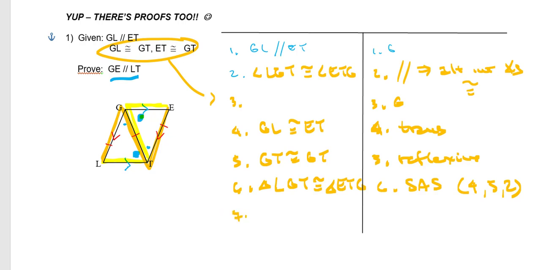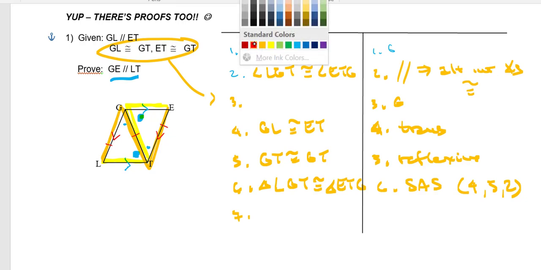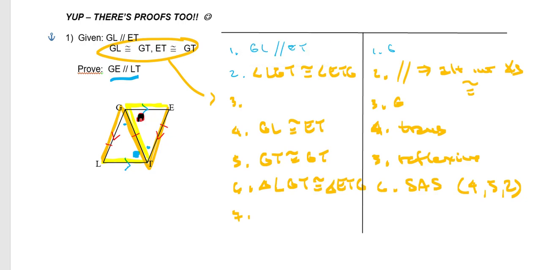Okay. And now we can jump to what we were trying to show earlier, which was that these two angles are congruent to each other. And we know that those angles are congruent to each other by CPCTC, so angle EGT is congruent to angle LTG using CPCTC.